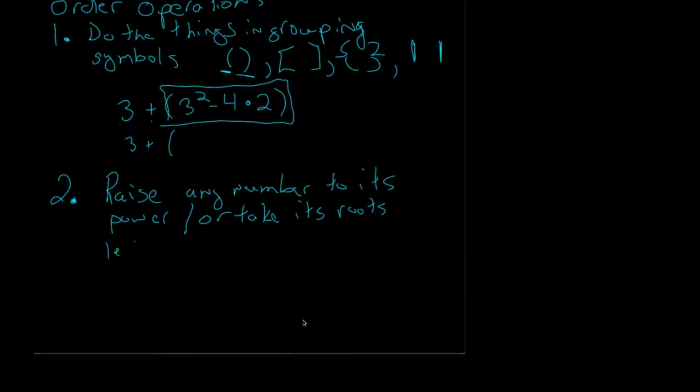And we do this from left to right. So we do everything left to right, taking care of these things first. So looking at the one I did up above, I want to do what's inside the parentheses first. Well, inside the parentheses, the first thing I have to do is take the power. And so I get 3 plus 9 minus 4 times 2.